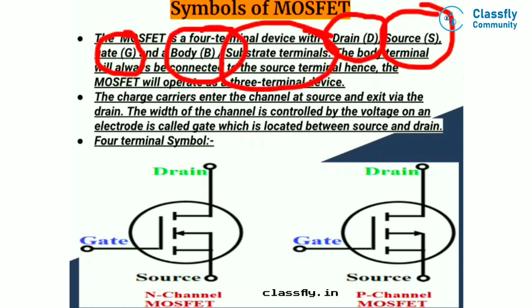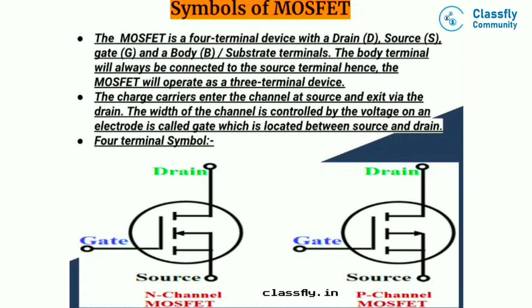This substrate terminal or body is always connected with your source, and it is basically internally connected, so you can make it or you can neglect it. If you want to make a symbol with the substrate, then it becomes a 4 terminal device. If you don't add the substrate, then it becomes a 3 terminal device.